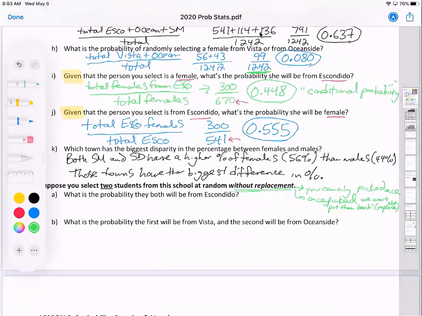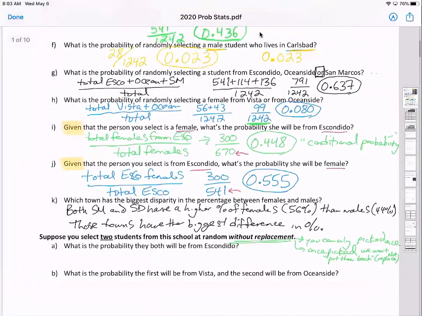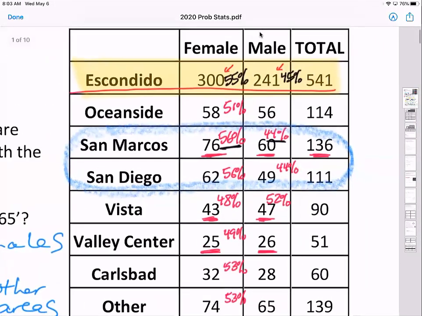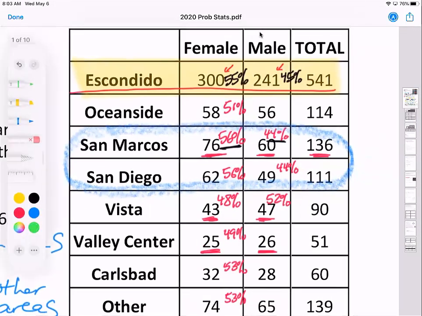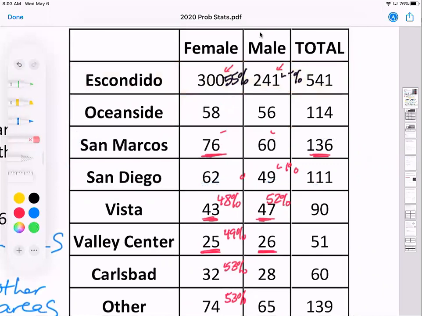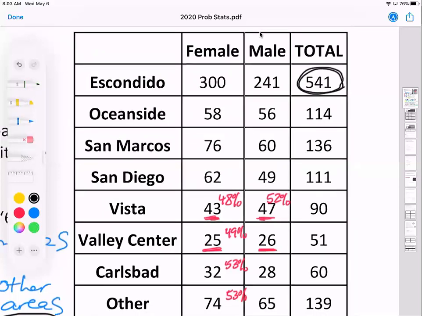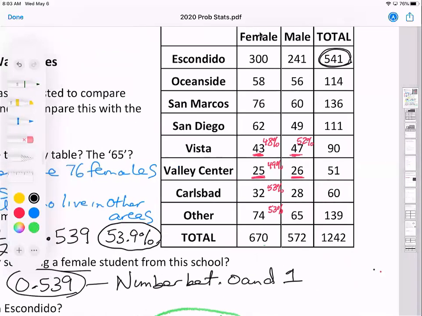So what's the probability they both will be from Escondido? And this is a without replacement probability. So let's check out Escondido. What's the probability they'll both be from Escondido? Well, we need to know how many are from Escondido. There's that many from Escondido, and there's this many total.